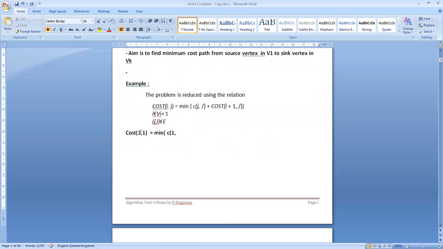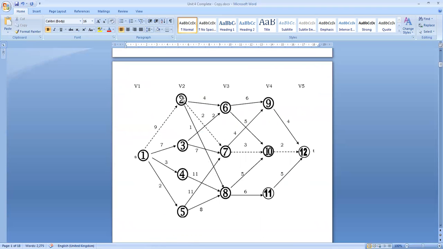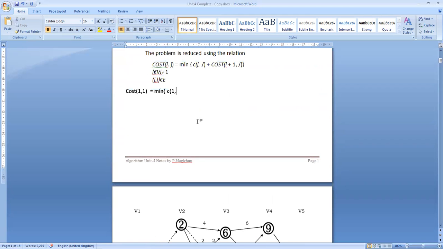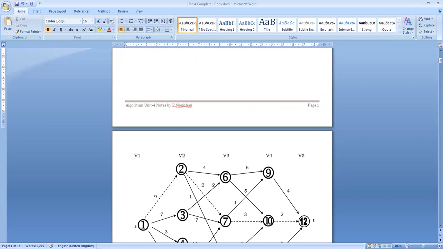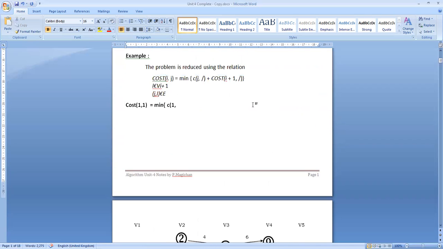Stage 1 to stage 2. L belonging to the next stage. Okay. So L, any of these vertices in the next stage, 2, 3, 4, 5. So minimum cost of 1 comma, from vertex 1 you can go to here. Okay.